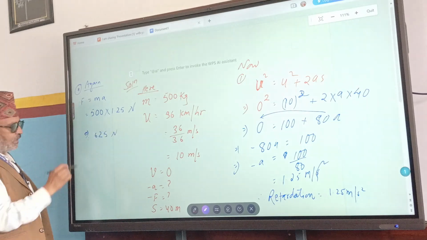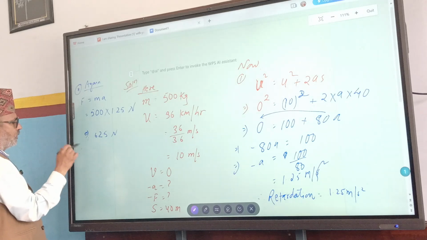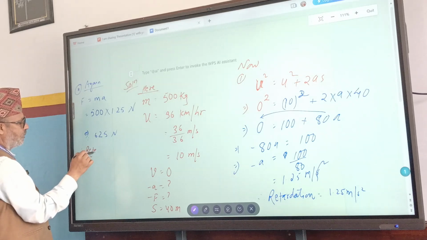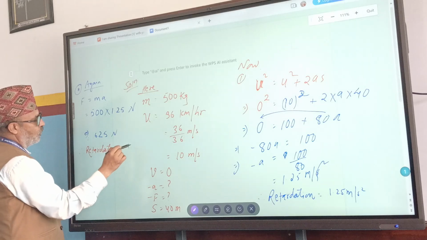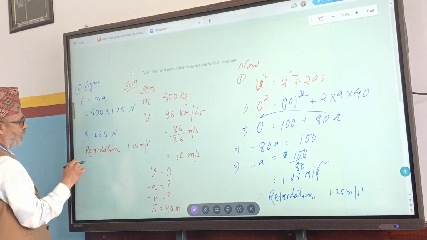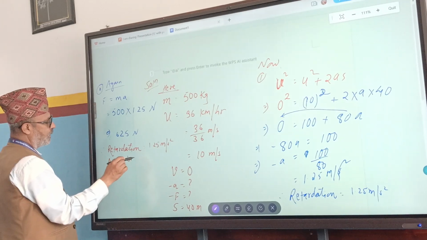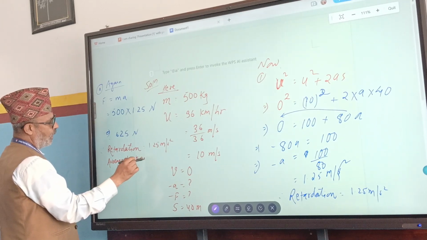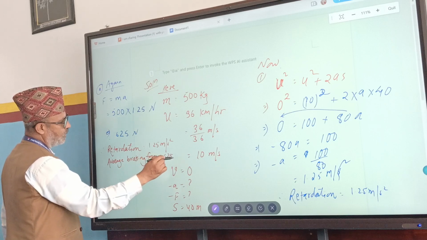Came or not? Then, at last, don't forget to write that. Therefore, retardation equals to 1.25 meter per second square. Average braking force equals to 625 Newton.